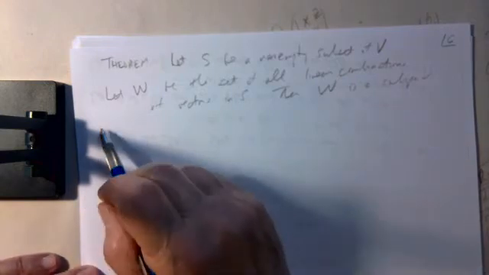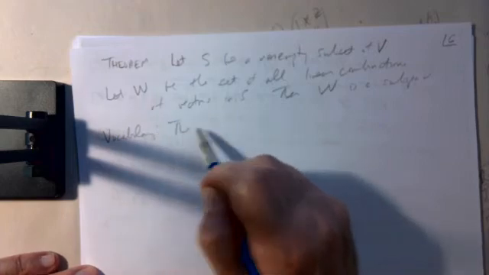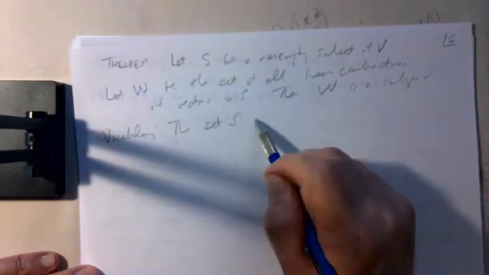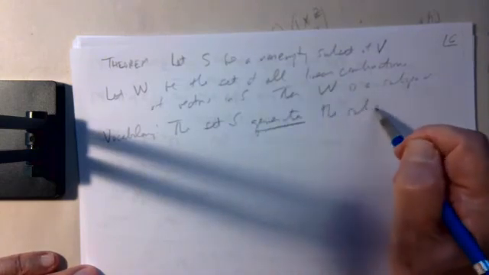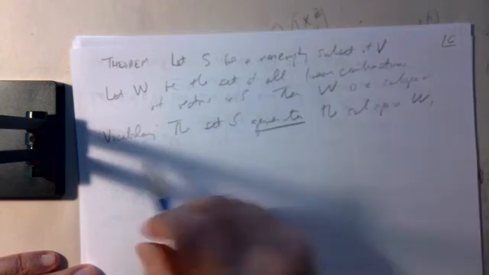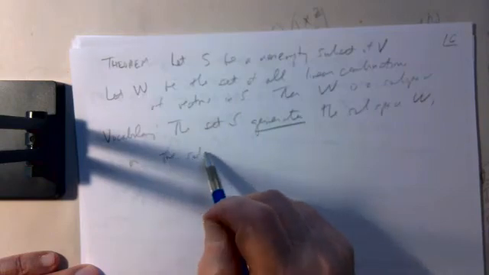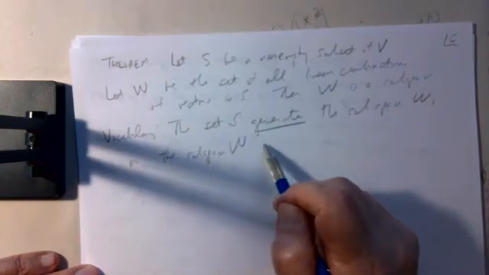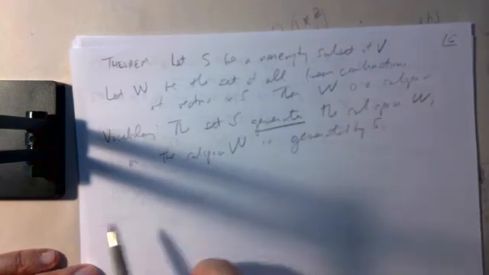And the vocabulary we use here is that the set S generates the subspace W, or equivalently, the subspace W is generated by S, in the sense that every element of W is a linear combination of vectors in S.